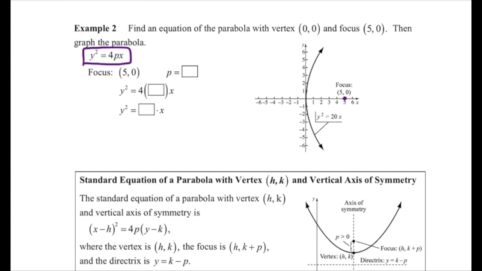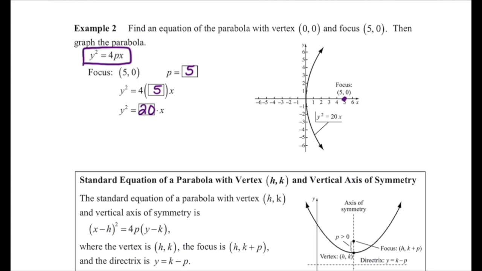Well, if I know the focus, I know the p value must be 5. Substituting those values in, I'll have y squared is equal to 4 times p times x, so y squared is equal to 20x. And utilizing decimals, we can help graph this by also including the focus as well.